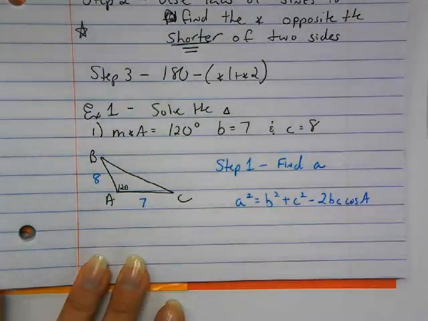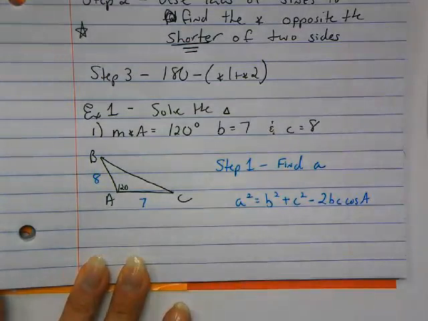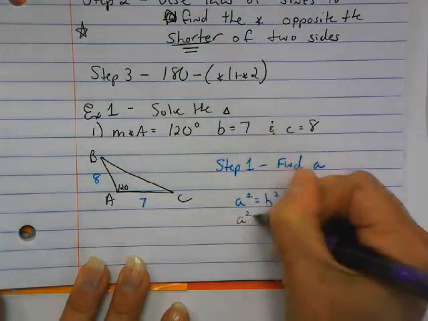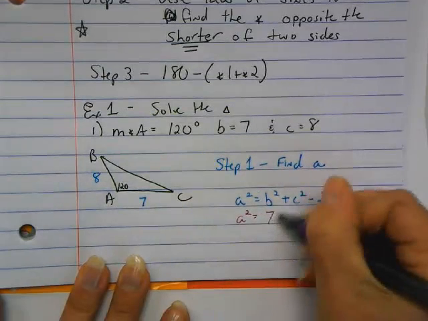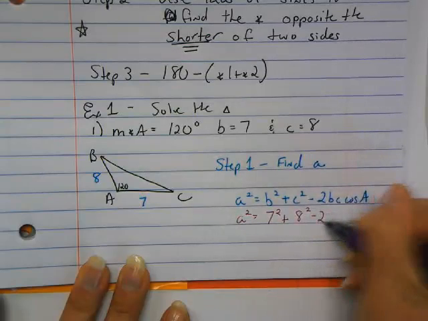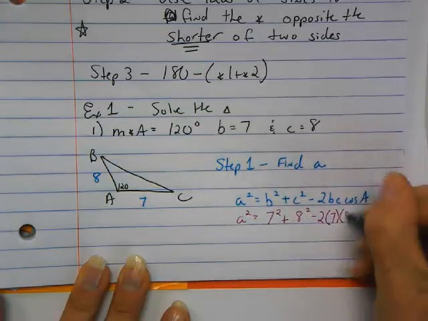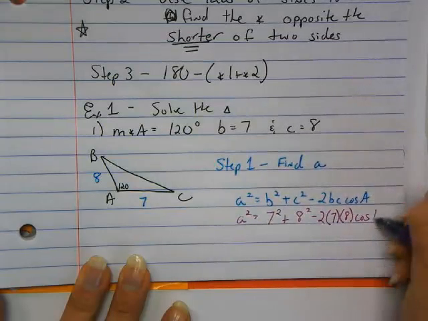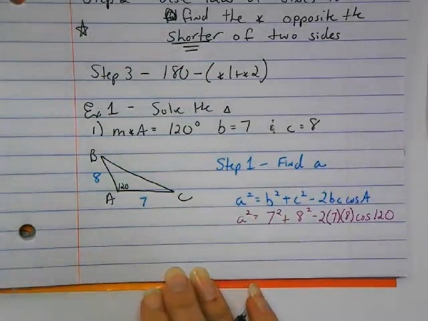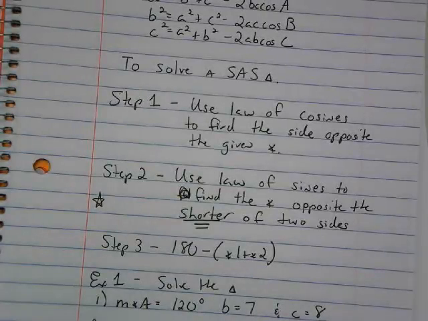So let's grab our calculator. I'm going to plug in 7 squared plus 8 squared minus 2 times 7 times 8 times the cosine of 120.